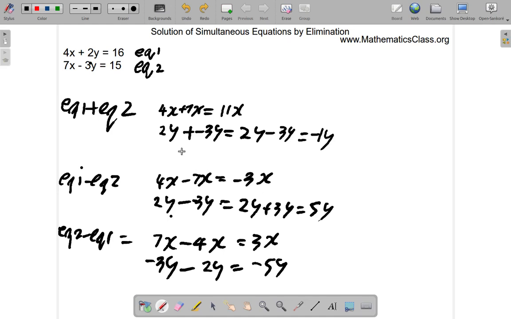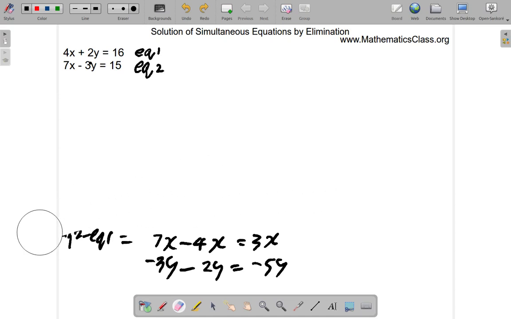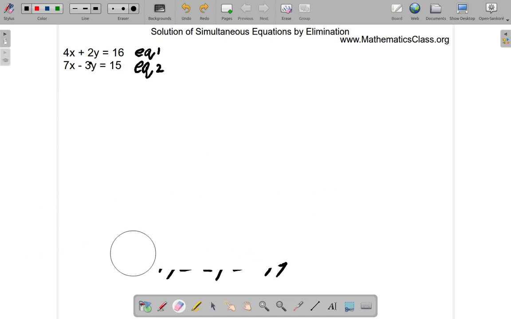Y still there. So unfortunately for us, we cannot eliminate x or y simply by adding or subtracting the equations. We have more work to do. So let's see what we can do about this.